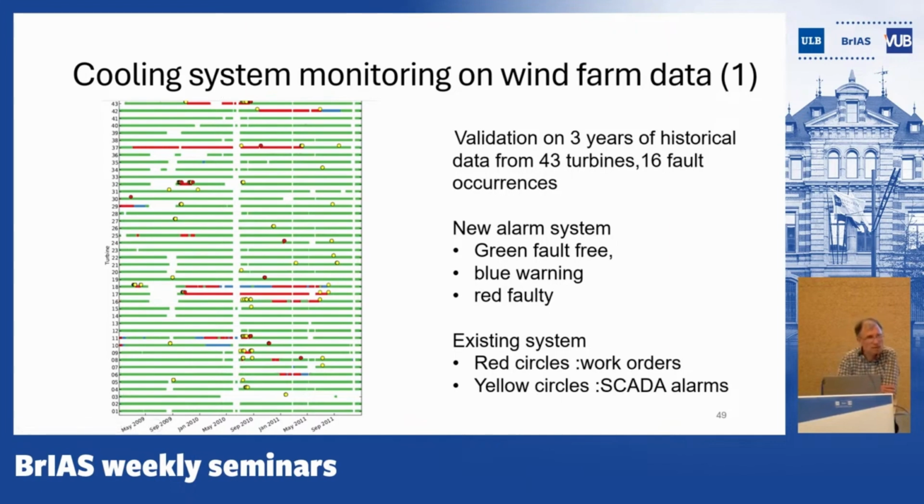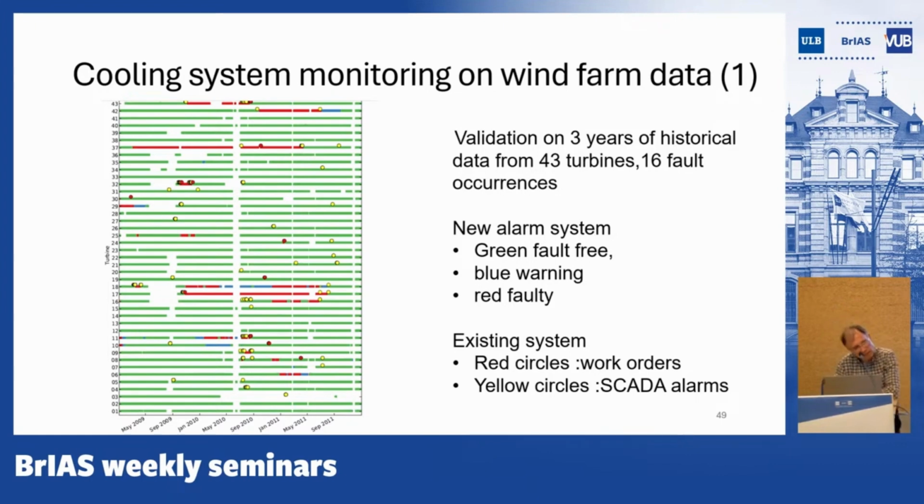Why? Because this is the period of the year where the temperatures are still reasonably high and there is significant wind. So if you have a monitoring system that just compares the measured temperature to a threshold, that's when it will be triggered.